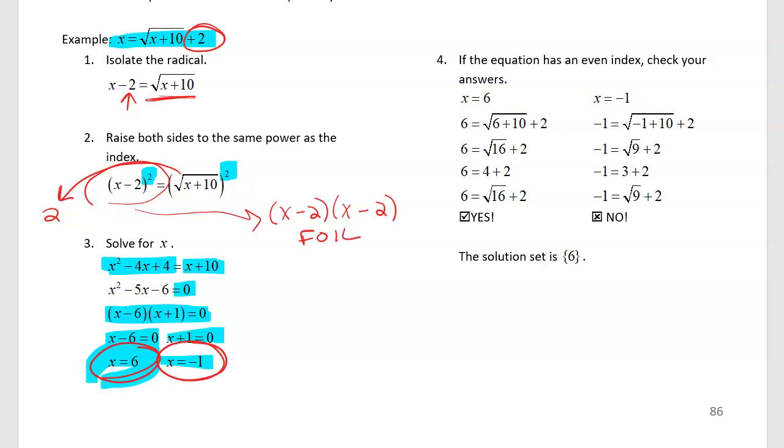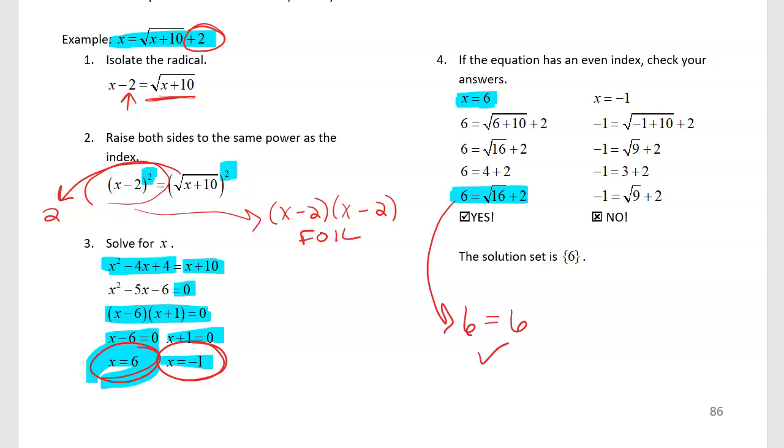If one of them is not checking, then that's going to catch one of those domain or range restrictions that you might have going on. Over here, they have taken x equals 6 and plugged it in and worked it down. If you're getting the left side equal to the right side, which in this particular one you are getting 6 equals 6, then it checks.